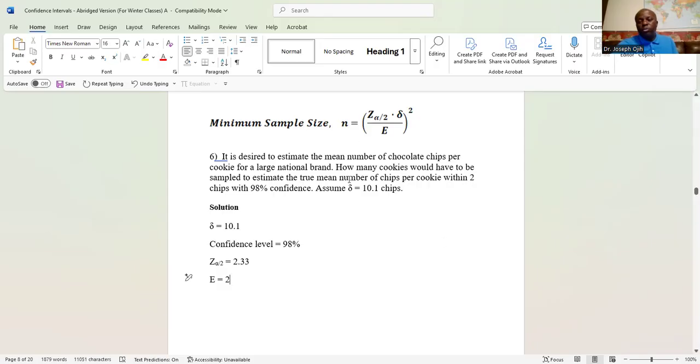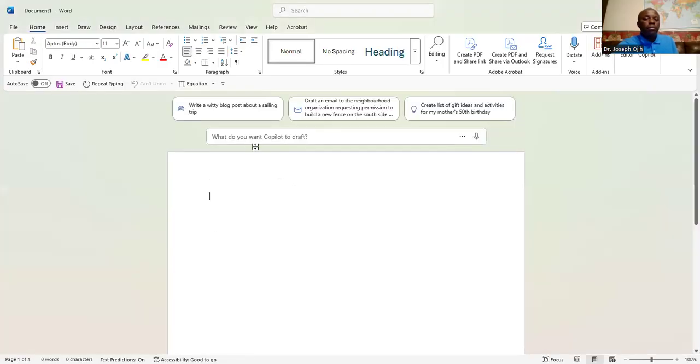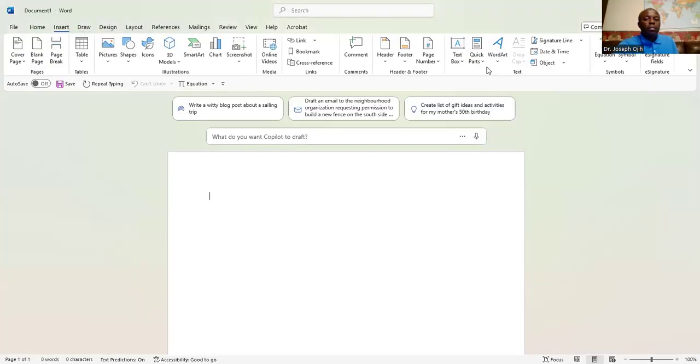This place will not allow me to put in this formula, so I'm going to open a new workbook in Excel, so we can get our minimum sample size.